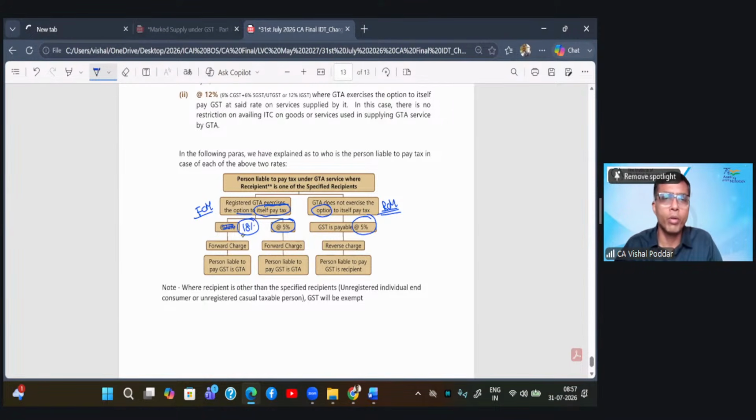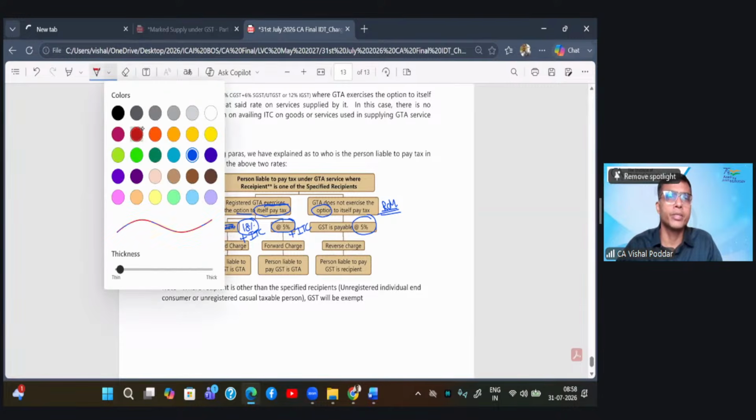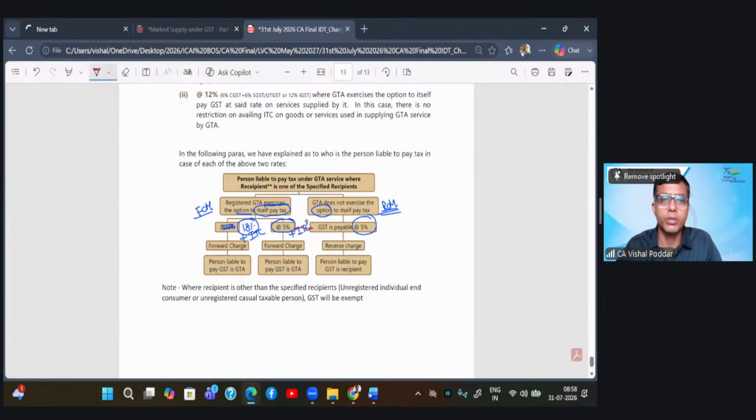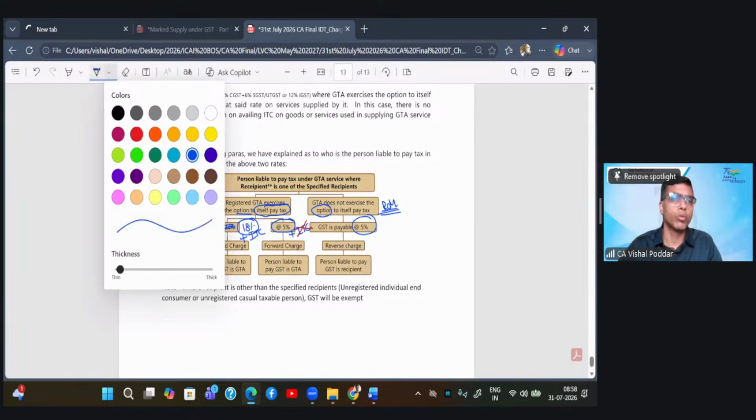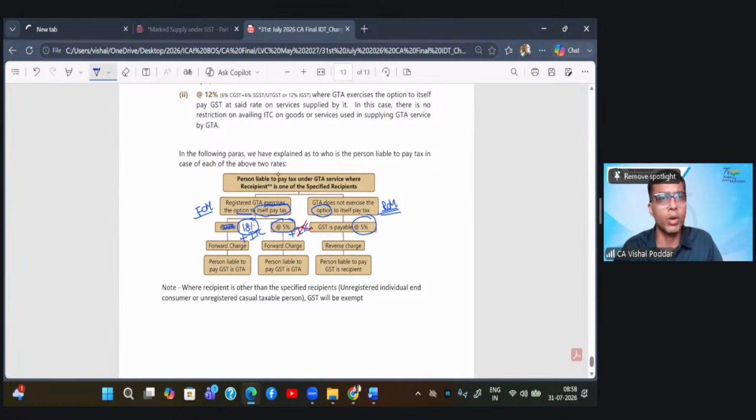Because if you opt for 18, you get ITC. If you opt for 5, this ITC, which is otherwise available, is not allowed. By opting for 18, the GTA becomes eligible to take ITC, and whenever you get ITC, your output liability is reduced. But if you opt for 5, there is no ITC available to the GTA.